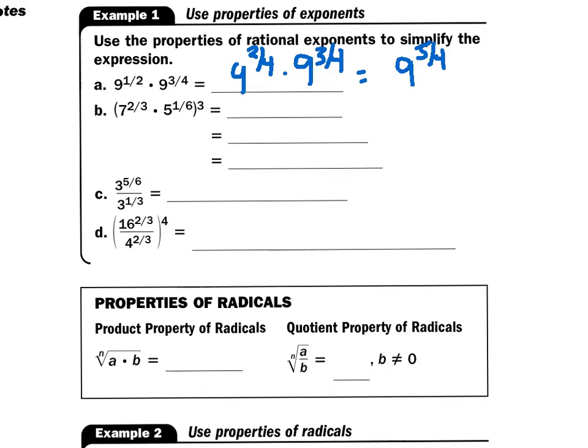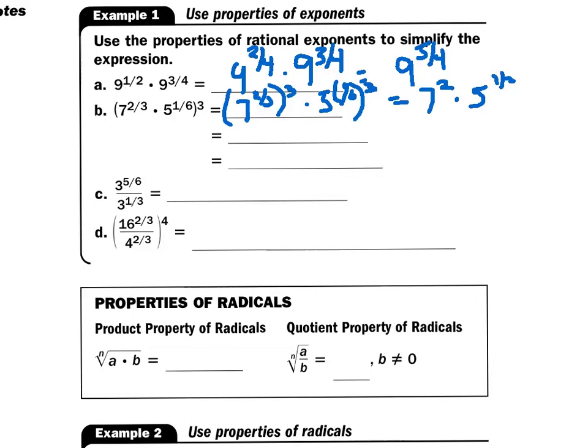Okay, on B, if I have a power, I multiply it in. So that is 7 to the 2/3 raised to the 3rd power times 5 to the 1/6 raised to the 3rd power. And that would be 7 to the 2nd times 5 to the 1/6 times 3 is 3/6, so 1/2.